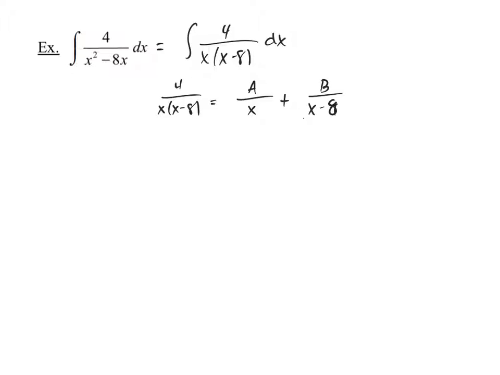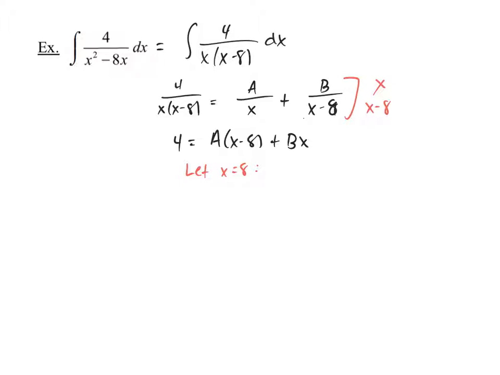Okay, if I multiply the entire equation by those denominators, x and x minus 8, then that is going to leave me with 4 is equal to a times x minus 8 plus b times x. And so just like we've done before, we're going to let x be a couple of clever numbers. So I'm going to start by letting x is equal to 8.